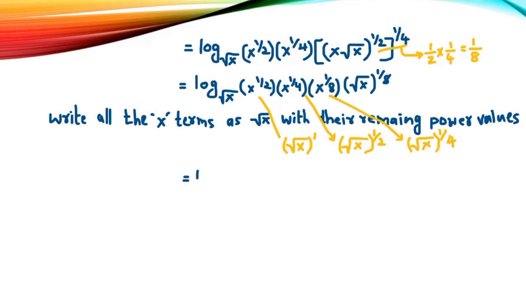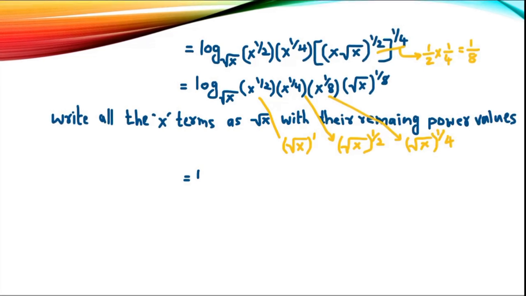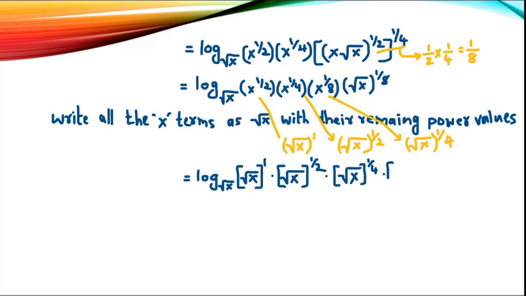After converting all these terms into square root of x form, we have the expression as log base root x of square root of x to the power 1 into square root of x to the power 1 by 2 into square root of x to the power 1 by 4 into square root of x to the power 1 by 8. This is the final simplified expression.